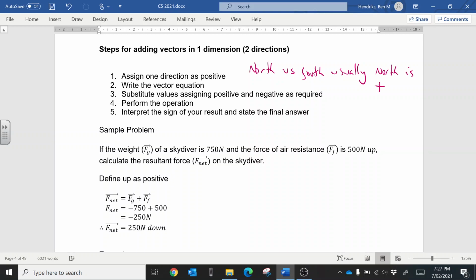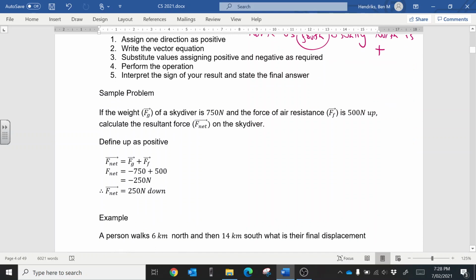But there's nothing stopping us from saying that south is positive either. We can define whichever one is positive or negative, and sometimes it will be more useful to say that south is positive. That's one of the great things about vectors, we can assign whichever direction we like as the positive one and whichever one is the negative. We usually start our problems by writing which one is positive.